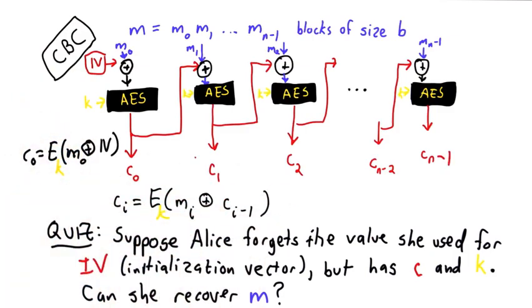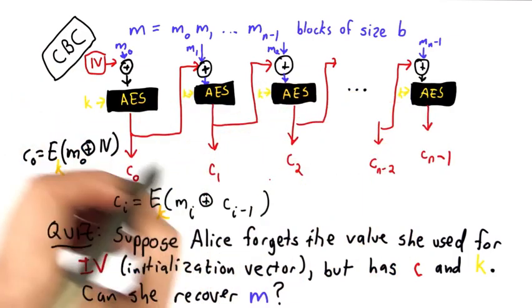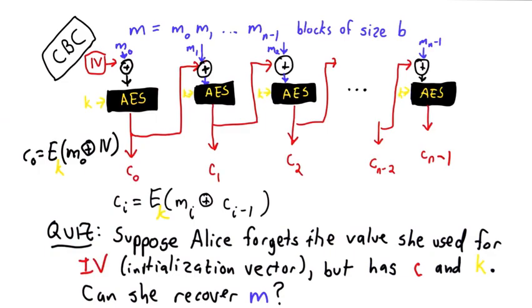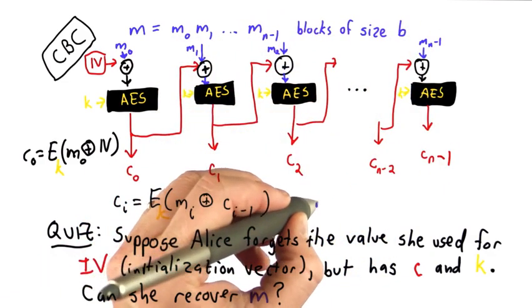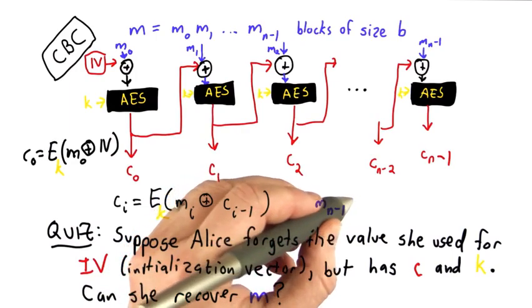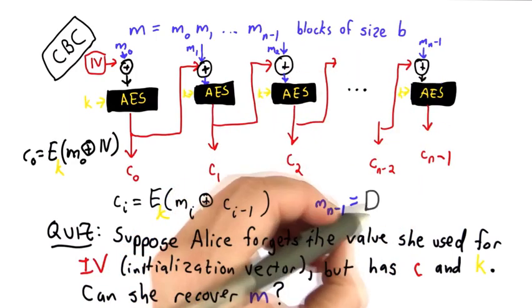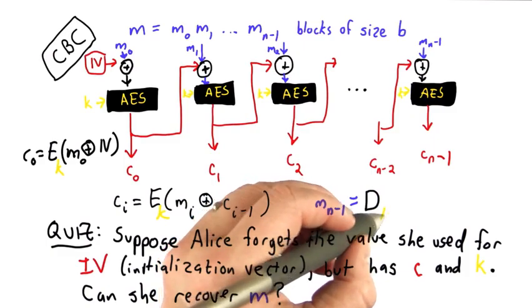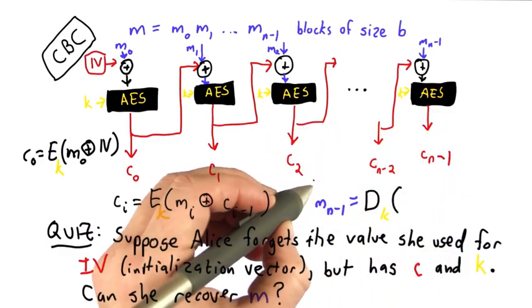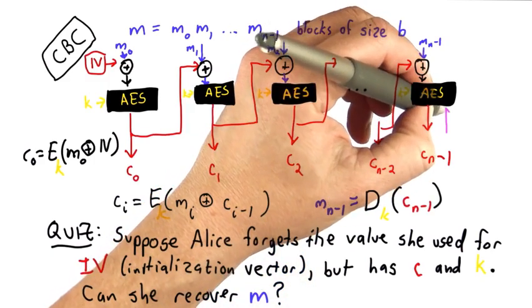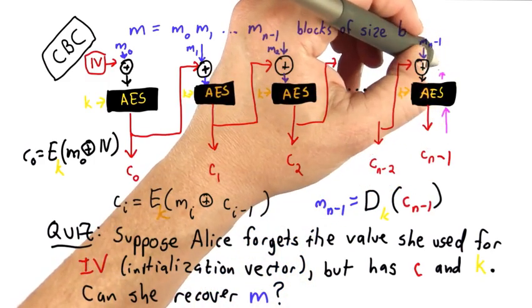We didn't explain how to do decryption, but from the way the encryption works, you should be able to figure that out. We can look at this backwards. In order to get the last message block, we need to decrypt using key K, and the input to decrypt is the last ciphertext block. So we're going backwards, decrypting. We don't have the message block yet.